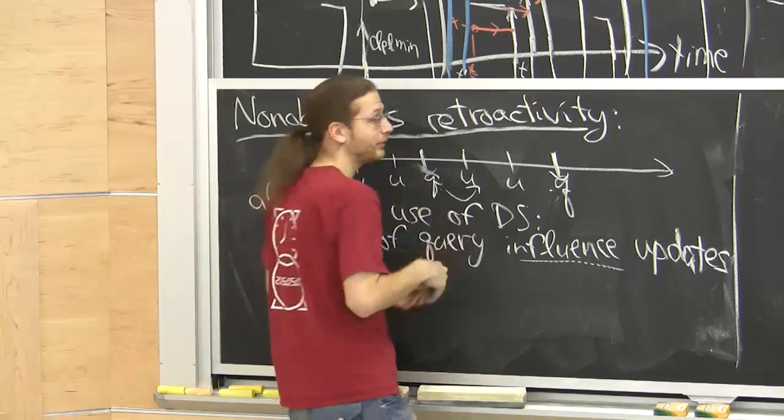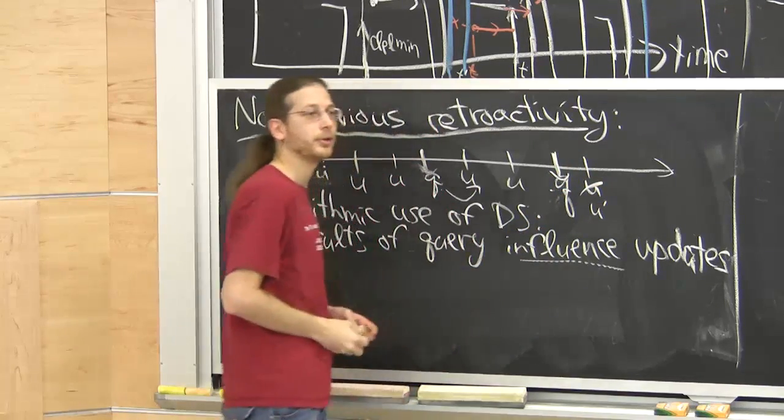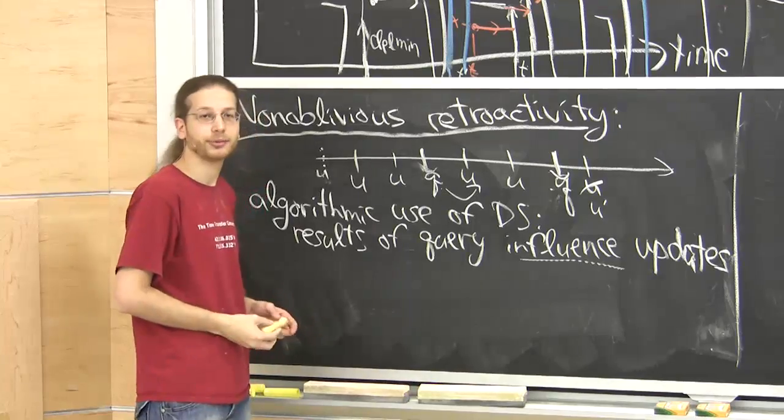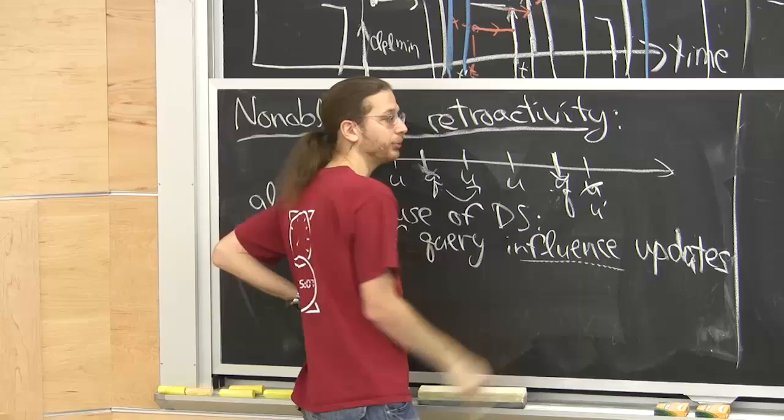So, oh yeah, instead of this update here, I would have made a different update U prime. Well, that's good. We know how to do that. That's a retroactive update. So I can delete this operation retroactively and insert this one.